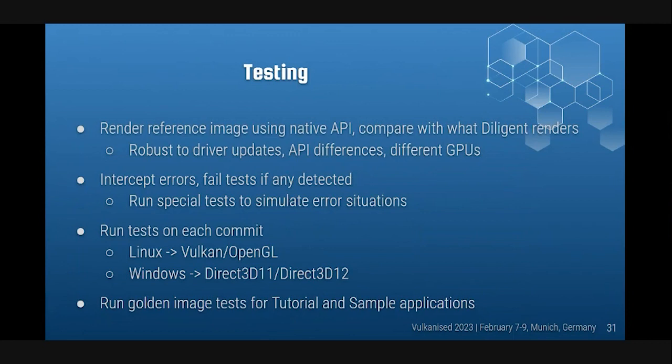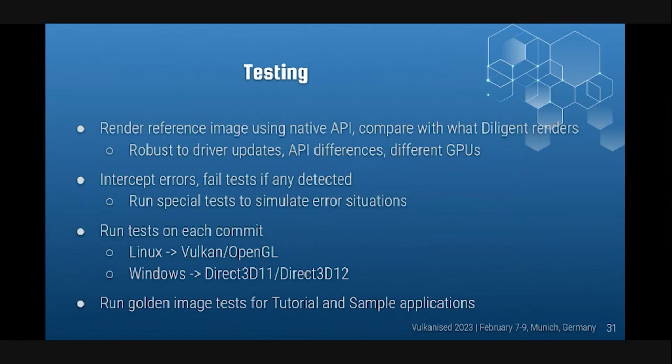First, we have the unit tests. Since Diligent supports multiple APIs, we implement our unit tests by having a reference implementation in each native API, and then we compare the results of native rendering with what Diligent generates.